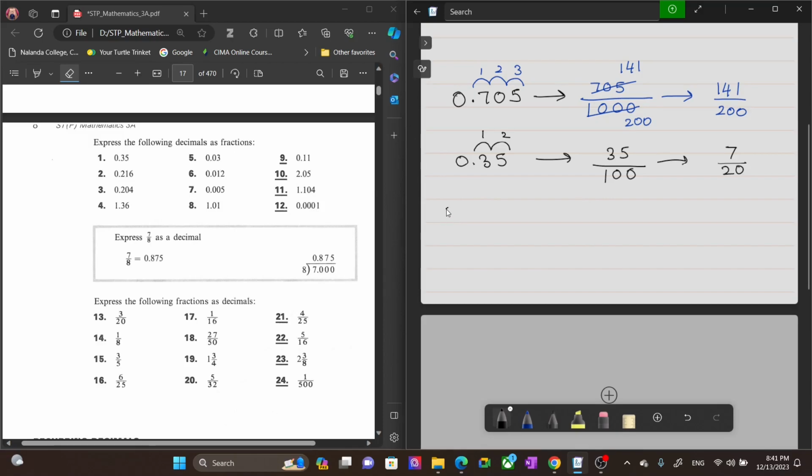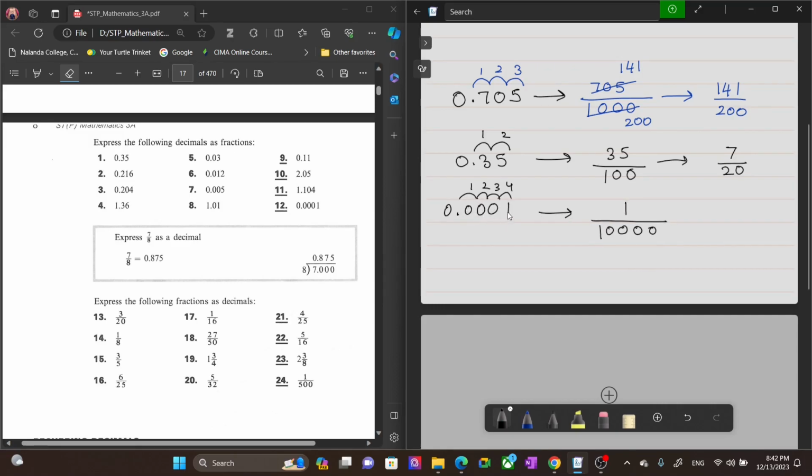Then the 12th one. 0.0001. What is the meaning of this? Count the decimal places: 1, 2, 3, 4. So 4 zeros in the denominator, and a 1, so 10,000, and 1 in the numerator.